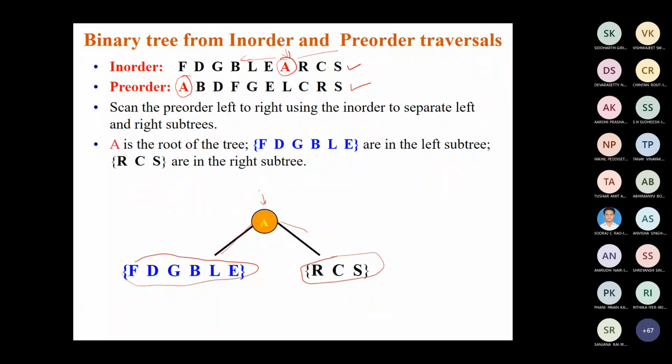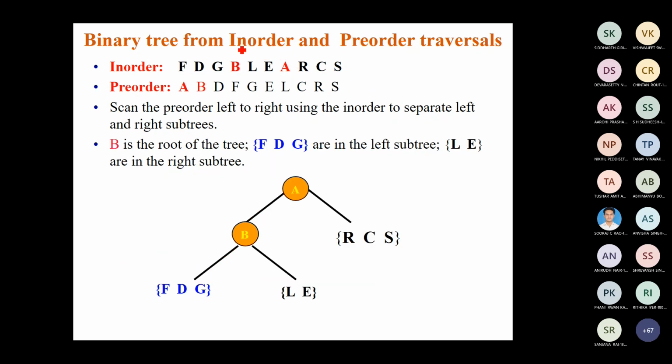In the next step, you have to find out the second node. The second node in the pre-order traversal output, after A, is B. B is the root of the left subtree of A, so it is the left child of A. Then you have to locate where exactly B is located in the in-order traversal output.